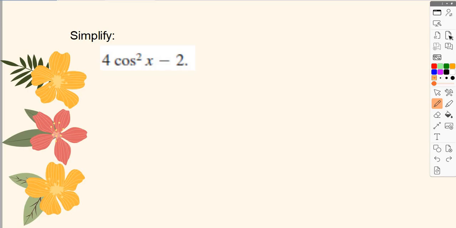If I look at this, hopefully we notice that we have a squared. And in the past when we've seen squared, we wanted to use our Pythagorean identity. But we only have a cosine squared. So even if we switched it to sine squared, it wouldn't be super helpful because you would still have something squared there. Does that make sense?